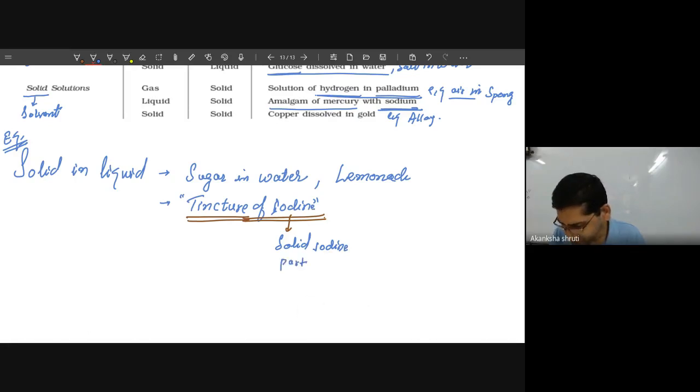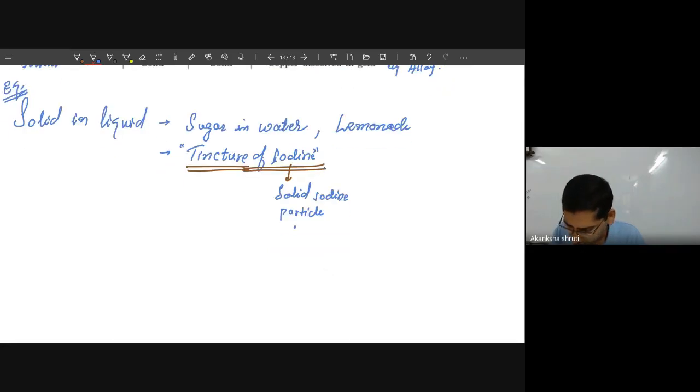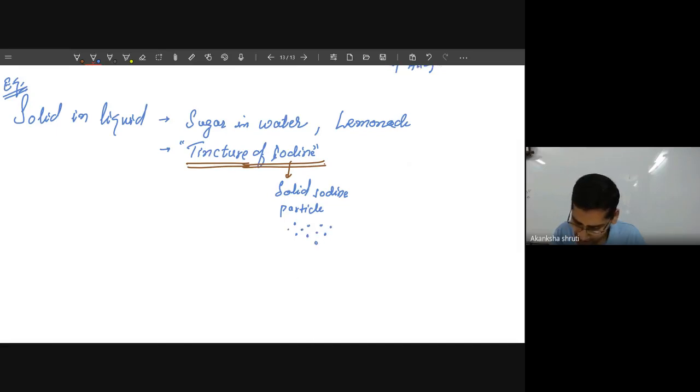These are very small in size, like sugar, which is also a very small size. These smaller size iodine particles are able to dissolve in alcohol. Here it is not water, but this tincture is always made in alcohol.